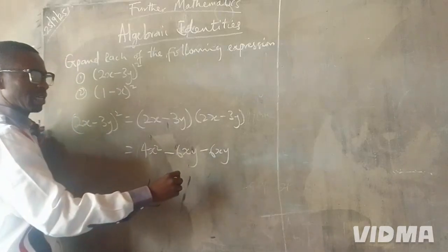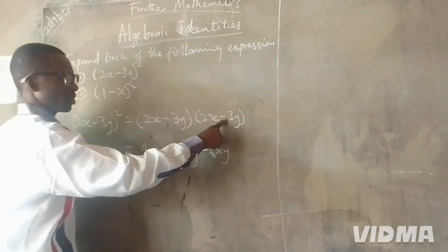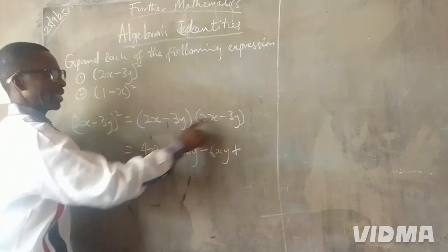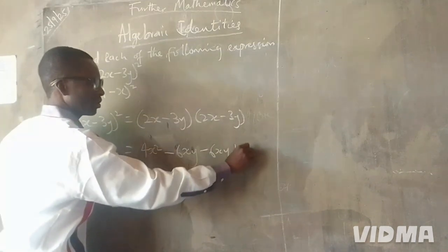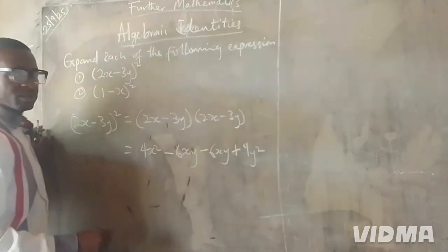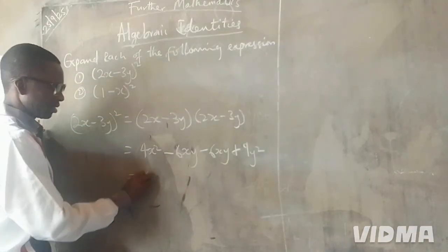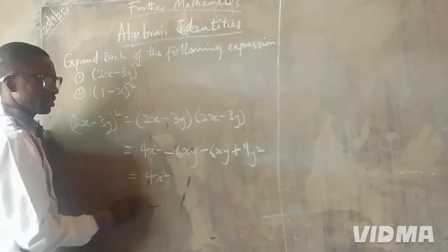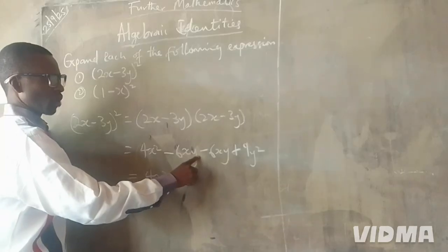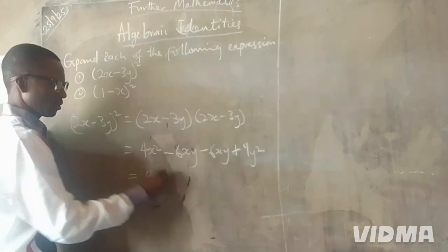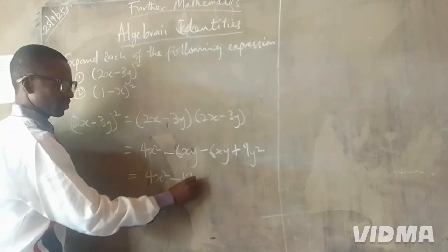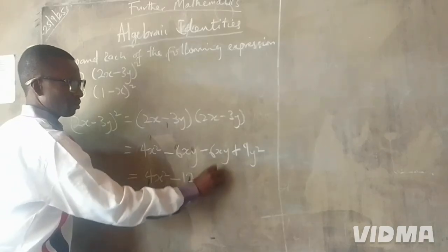The same thing. Do you get it? Yes. Minus times minus. 3y times 3y. 9y squared. Are we good? Yes. Now we go to the next thing. 4x squared minus 6xy minus 6xy. What's it going to give us? Plus.